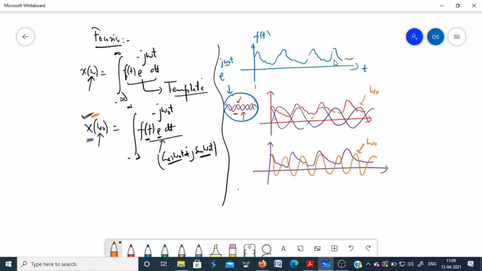Suppose for this signal I find its Fourier transform, so on this axis I have frequency, X of f. Omega you can write in terms of f as omega equals 2 pi f. This is in radians per second, this is cycles per second, hertz. Let us suppose you find the Fourier transform for this signal and get a spectrum like this, maybe.